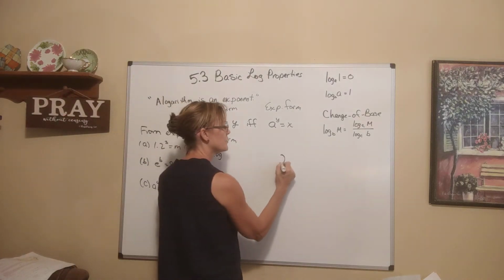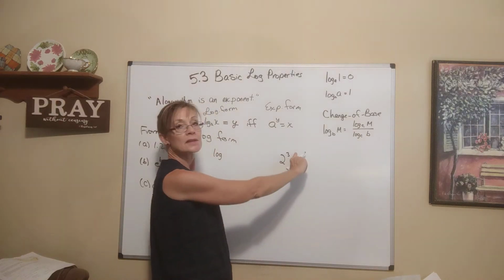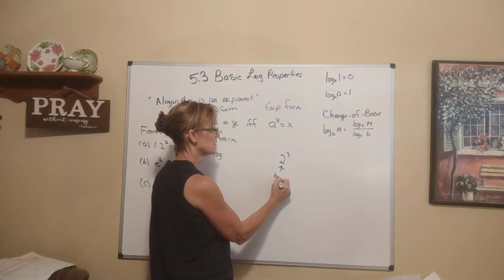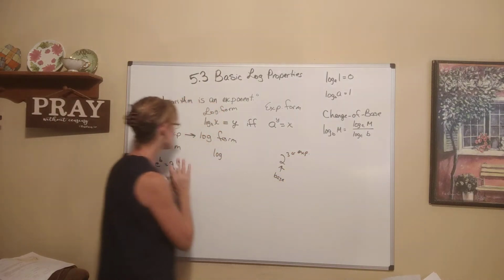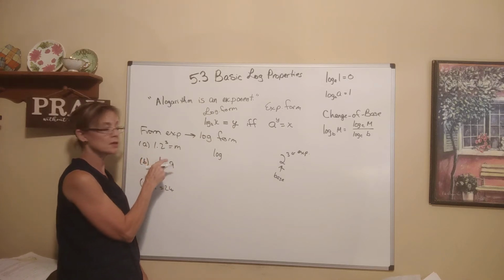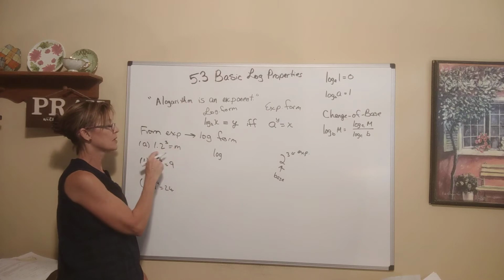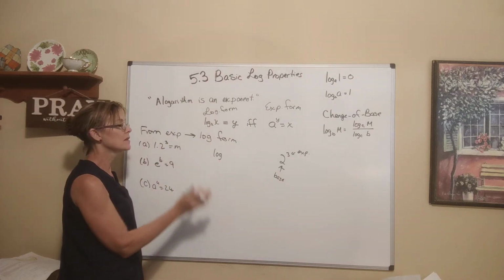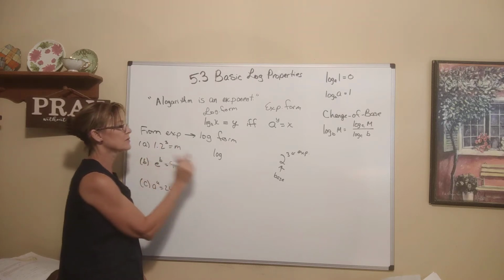For instance, if I have 2 to the third power, 2 is the base, 3 is the exponent. So over here in this exponential expression, 1.2 is the base, and 3 is the exponent. So when I'm converting to log form, the base here is the same base as it was in exponential form.